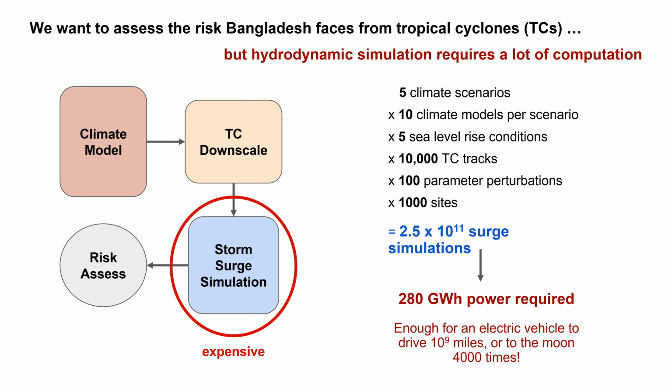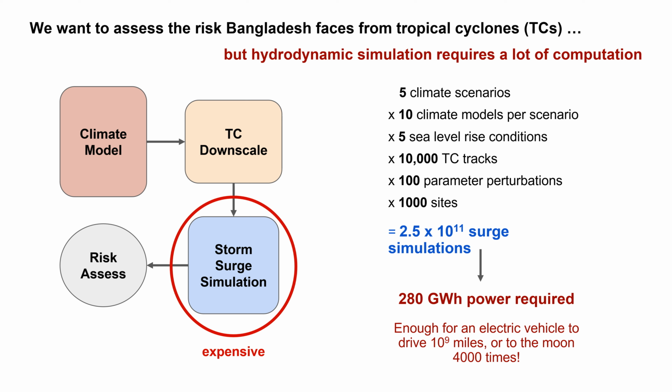So let's say we have 5 different sea level rise conditions. To do an accurate risk assessment, we probably need around 10,000 cyclone tracks, and we might want to see how sensitive this assessment is to change. So changing one of the cyclone tracks by a little bit, how much that affects the storm surge.